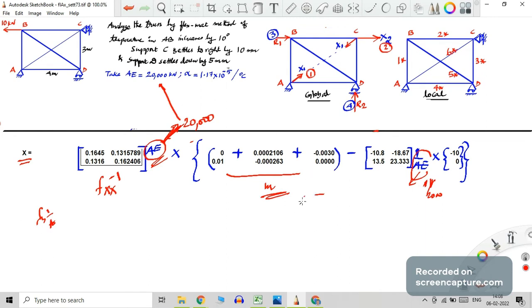Okay, so here you need to divide it by 20,000, here you need to multiply it by 20,000. That is, in fxx inverse, multiply each member by 20,000, and in fxr, divide each member by 20,000. So that has to be done.